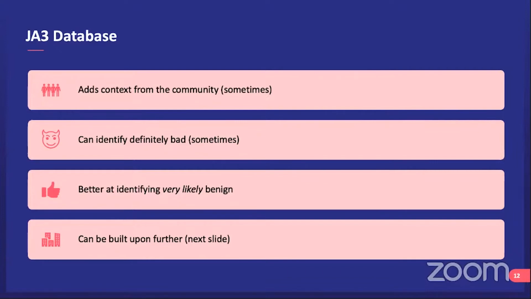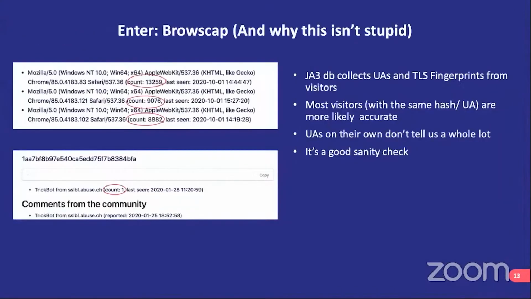But there are certainly times where if the only information that we have on it is that it's in the JA3 database as malware, and we've never seen it any other way, then certainly that's something interesting to look at. It's also better at identifying very likely benign, based off of how common the user agent and JA3 pairs are to benign things, and it can be built upon further.